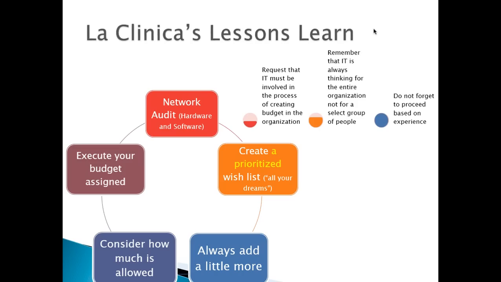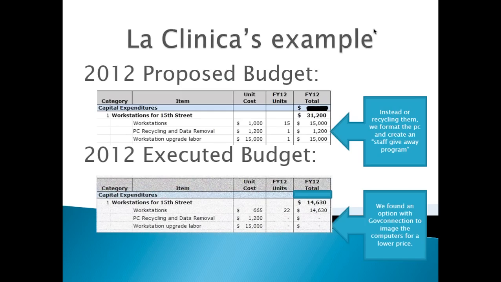Let's talk about an example of how all these pieces come together in one scenario. We can go to the next slide and you can see that in 2012, for example, we have a budget for 15 workstations. We calculate $1,000 each, so we have $15,000, and we have PC recycling and data removal at $1,200, and then workstation upgrade labor at $15,000.